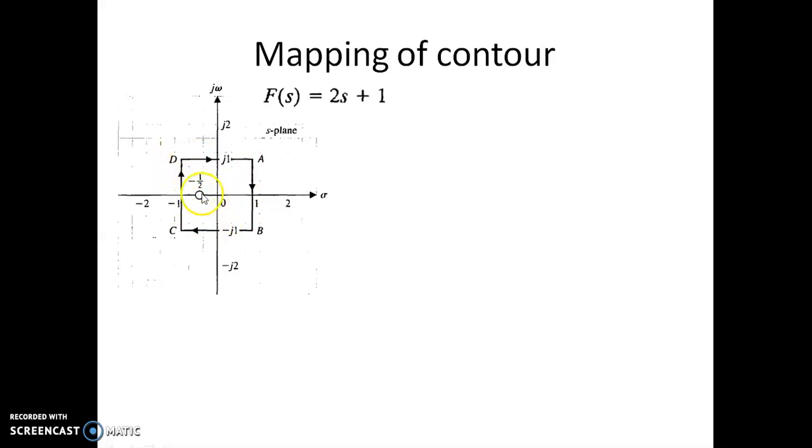If I'm moving here, it is to the right hand side. If I'm moving here, it is to the right hand side. If I'm moving down here, it is again to the right hand side. Whatever comes to the right of it, we call enclosed. Whatever comes to the left of it, we call not enclosed. So we can say this zero at minus half is now enclosed by this contour, which we call ABCD in this example.